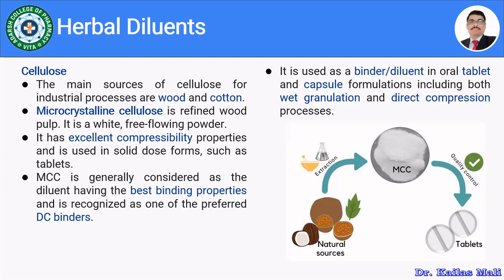Two marketed grades are available, like Avicel 101 and Avicel 102, which are widely used in the manufacturing of tablets. It has excellent compressibility. When we are going for tablet formulation, two important things are required. One is the flow of the powder from hopper to die, and the second is compressibility. Microcrystalline cellulose gives excellent compressibility properties, and it is used in solid dosage forms such as tablets.